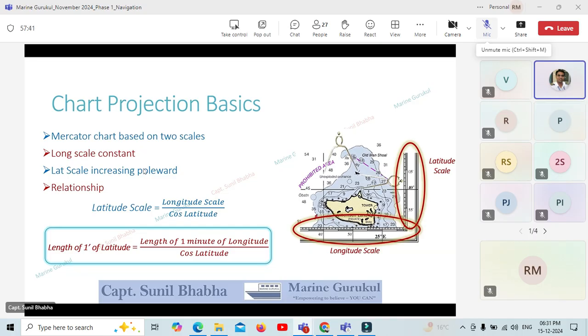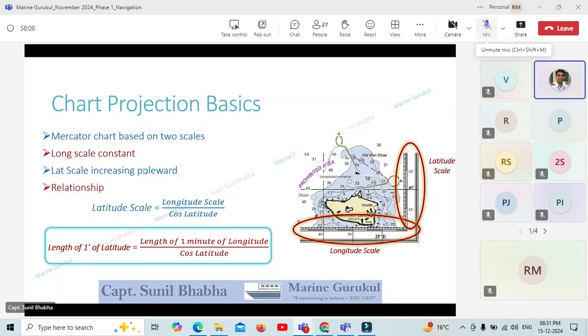Now you see, beta, what happens on the surface of Earth is different from what happens on the chart. On the surface of Earth, the latitudes are fixed. 1 minute of latitude is equal to 1 nautical mile. It remains the same when you go towards the pole. What changes on the Earth's surface is the longitude. The east-west distance between two meridians starts to reduce as you go towards the pole.